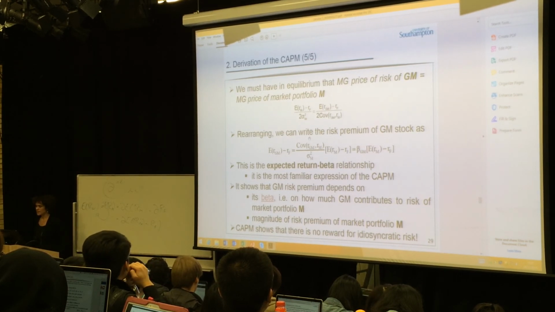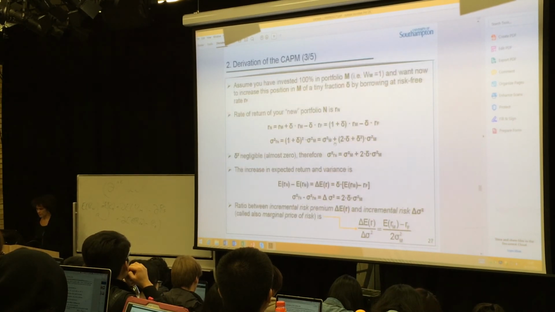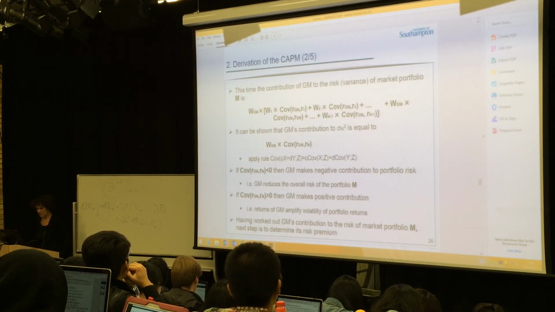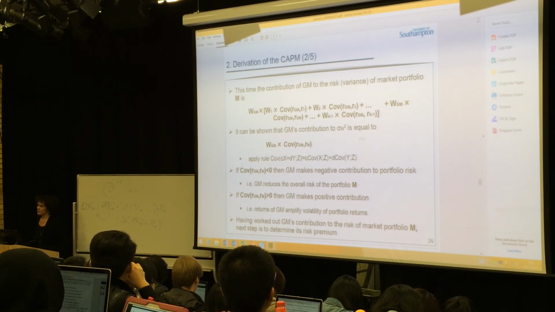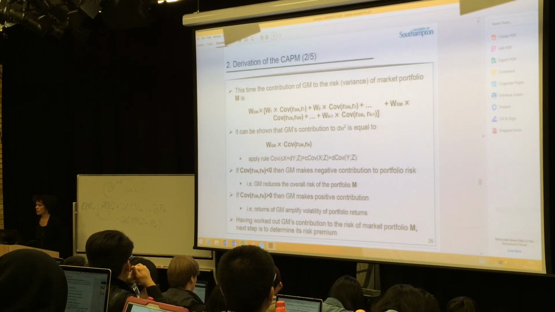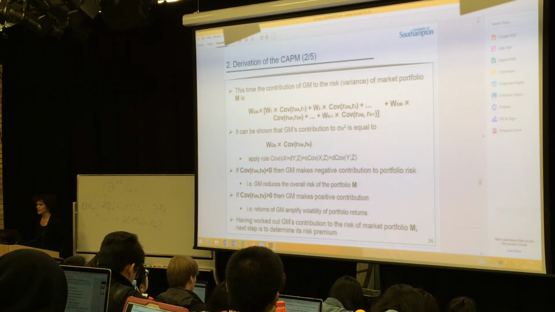Remember what we saw before, that the contribution of GM to the risk profile of my portfolio is proportional to the covariance, so the comovement of my risky asset I with the market, and the quantity that I invest in the stock.